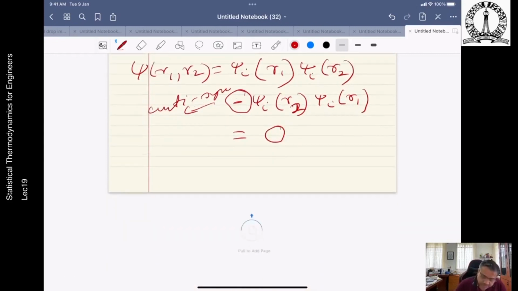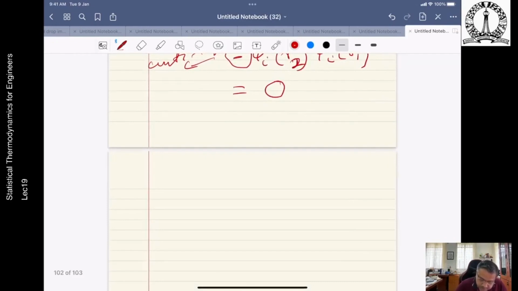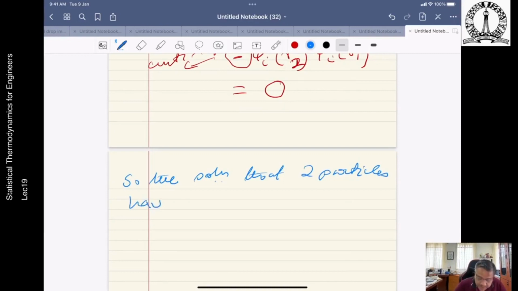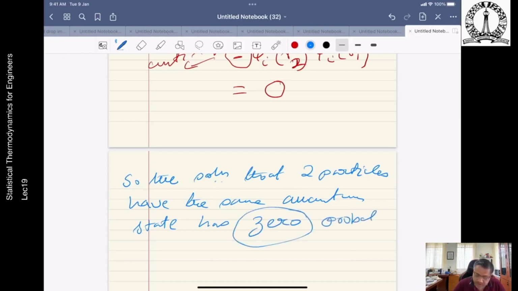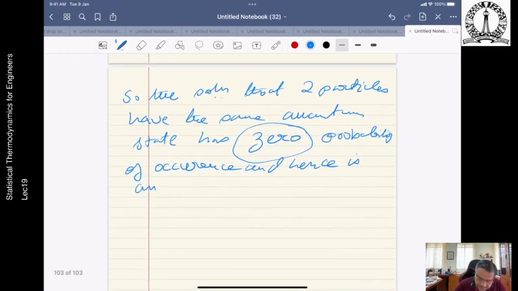That the contemplated solution, the solution that two particles have the same quantum state, has zero probability of occurrence. Hence it is an impossible solution.